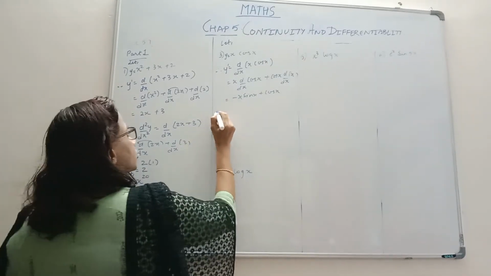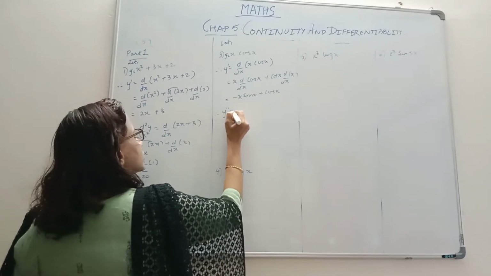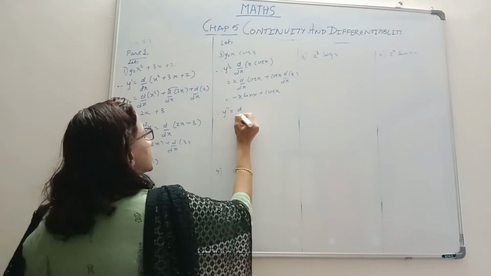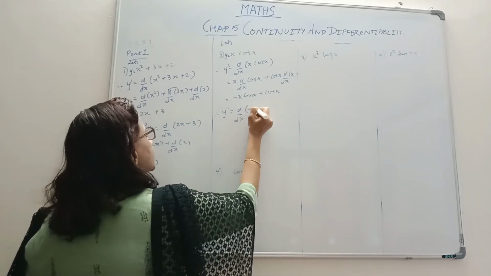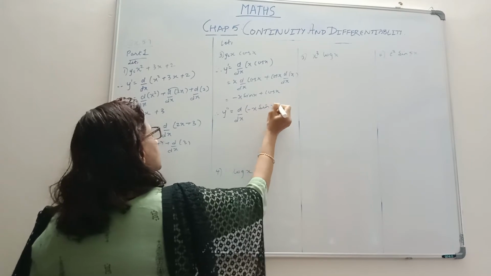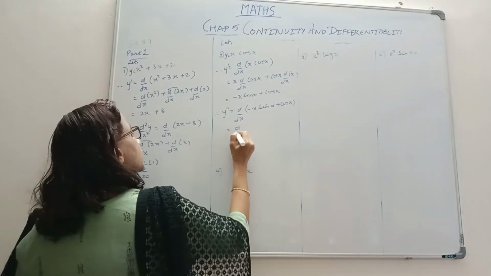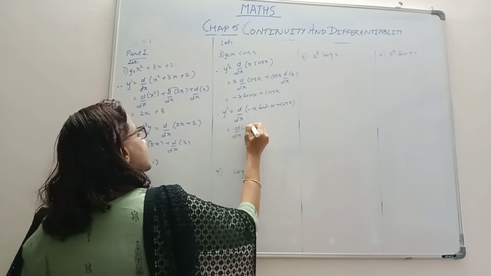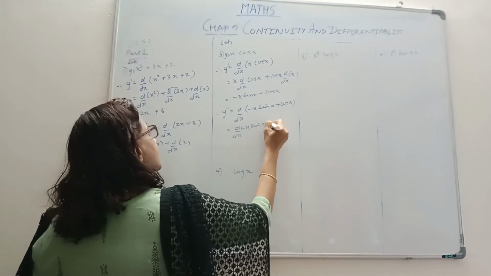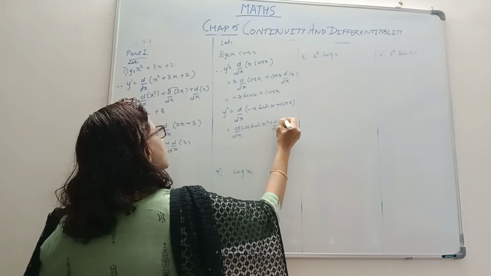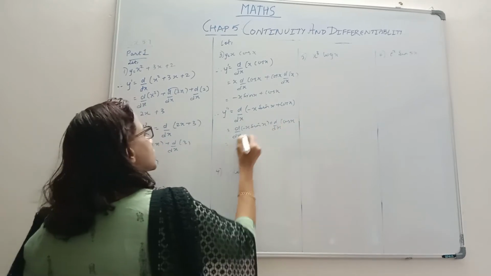Now that's not all. You have to take the derivative of the first derivative. For that we take d by dx of minus x sin x plus cos x. So it is like d by dx of minus x sin x and d by dx of cos x. So this is again a product.